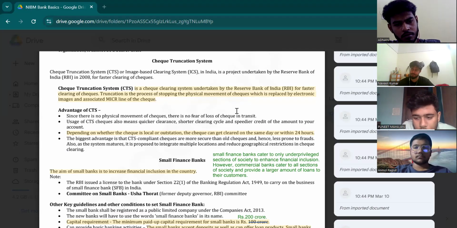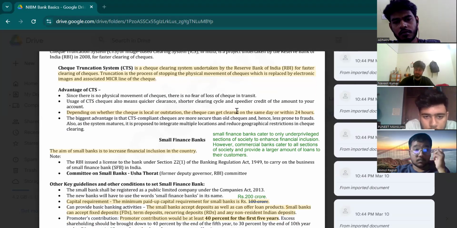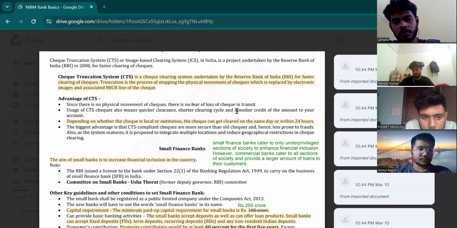But now what happens? You go to the bank, you deposit the check, and immediately, within half an hour, your check gets cleared. Why? Because this is the check truncation system. An image based clearing system has been introduced in India. You must have seen the MICR code on the check.